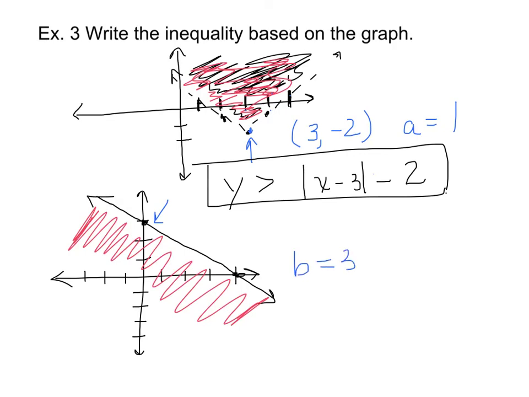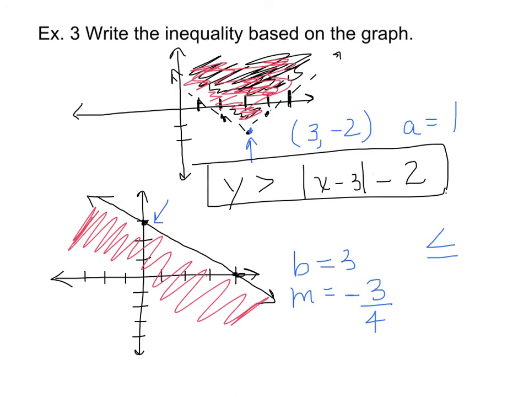Then you want to find your slope. 1, 2, 3, 1, 2, 3, 4. It was negative because it's sloping to the left. 3 over 4. And then you need to figure out, it's shaded below, so you know it has to be less than. And the line is solid, so it has to have an equal sign.